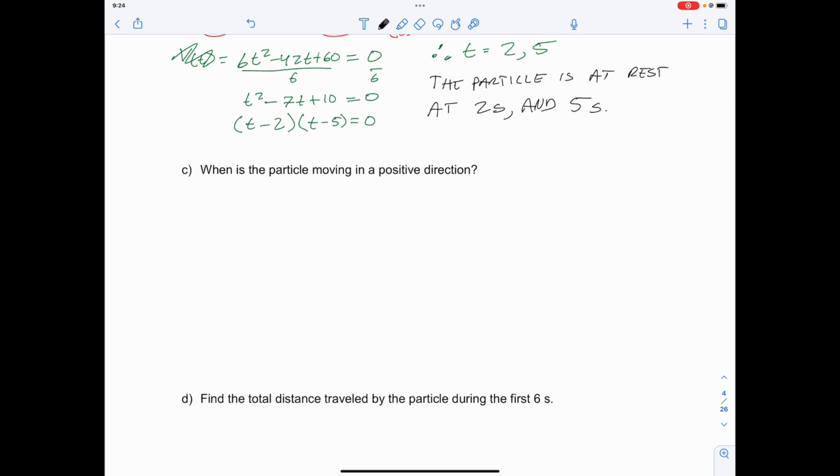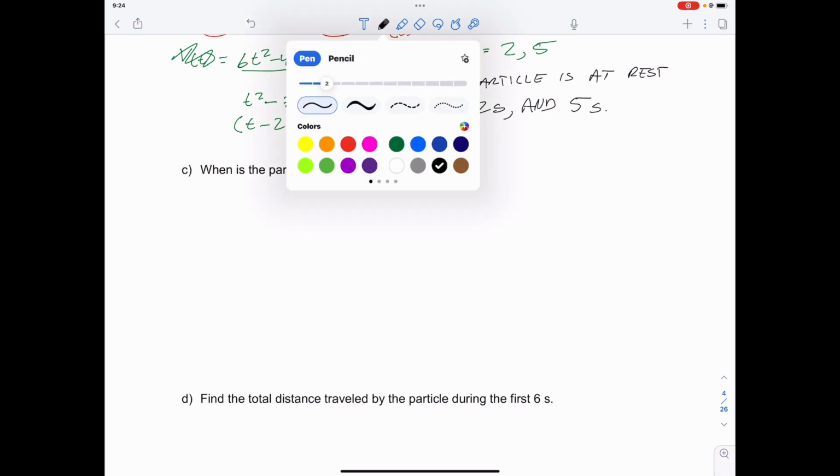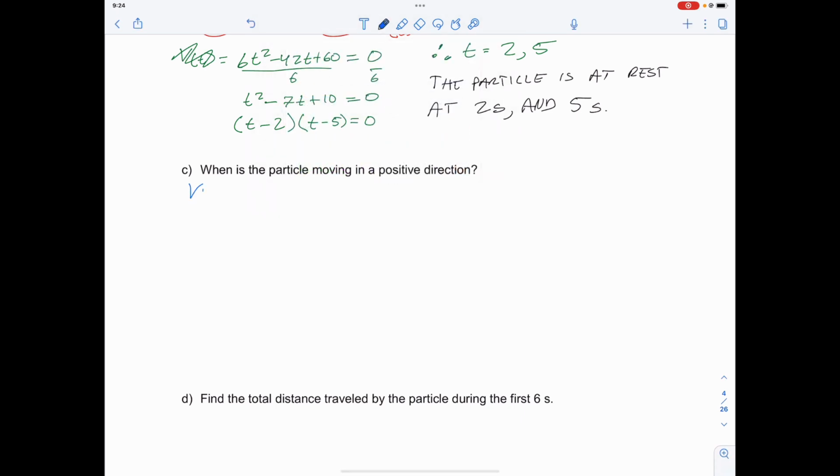When it says, when is the particle moving in a positive direction? Well, a positive direction is just the same as stating that the velocity is greater than 0, or that 6t squared minus 42t plus 60 has to be greater than 0. Now, we learned how to solve inequalities all the way back in grade 11.